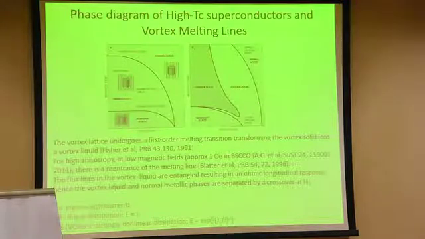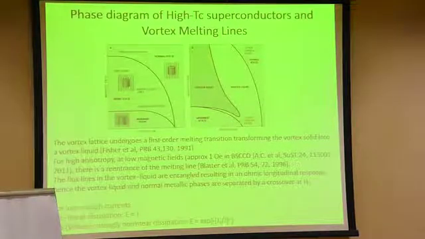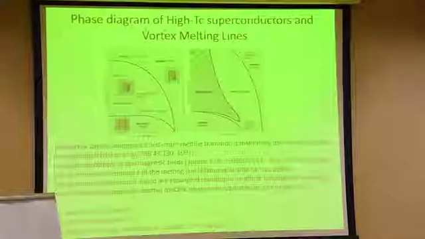As opposed to the low temperature superconductors, in which the difference between HC2 as a function of temperature and the irreversibility field was very, very small, one over 1,000 of a Kelvin, in high temperature superconductors, because we do have this huge thermal energy, we have a so-called vortex melting line in which the vortex lattice undergoes a first order melting transition, transforming the vortex solid into a vortex liquid.